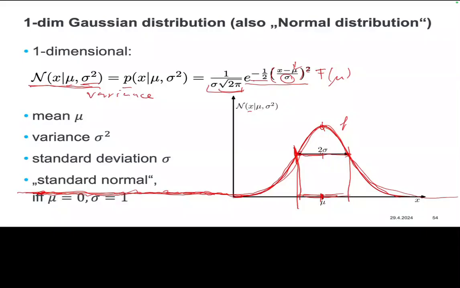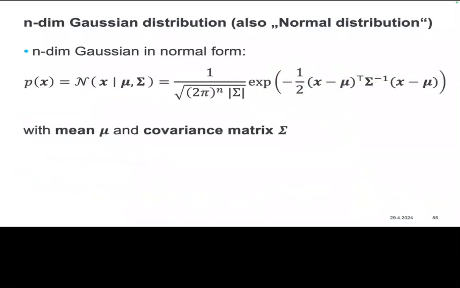So that's what we have, and in particular the standard normal distribution, which is the case if mu is 0, so it's centered around the value 0, and it has a standard deviation of 1, and therefore, of course, also a variance of 1.